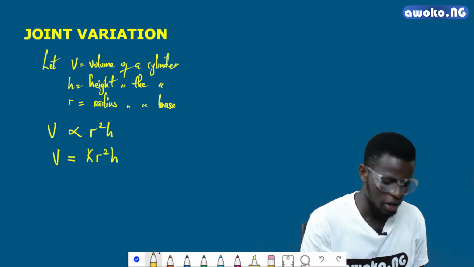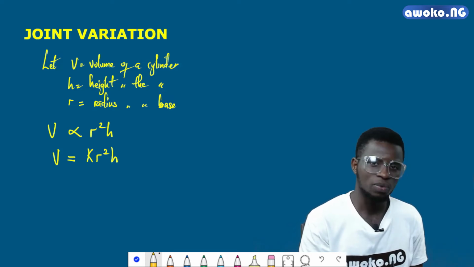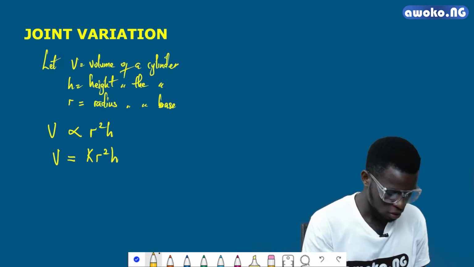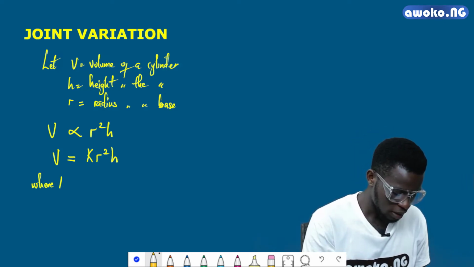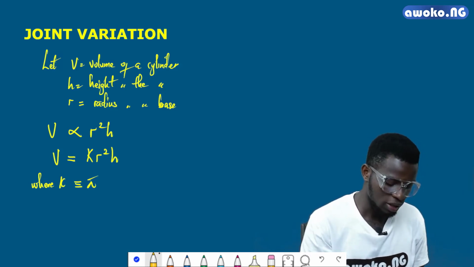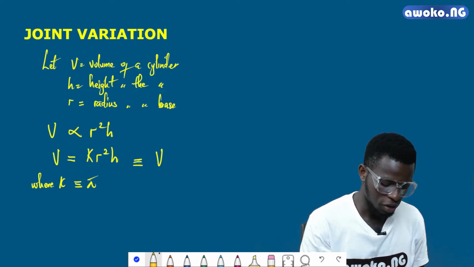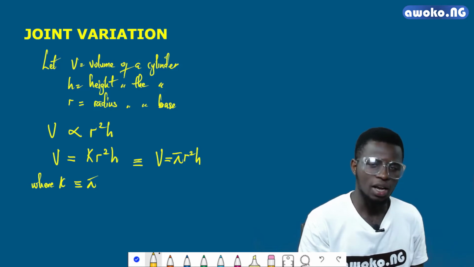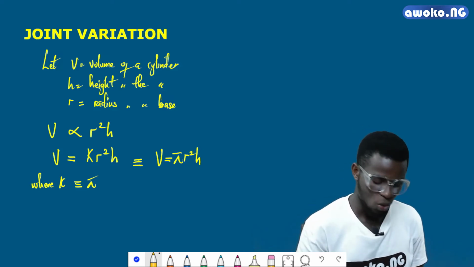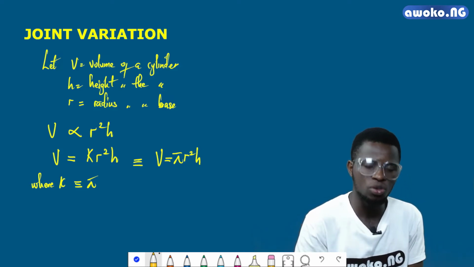K R squared H. But mind you, in this case the proportionality constant will be equal to pi, where K is equivalent to pi. So this equation now becomes V equals pi R squared H. And that is why the formula for the volume of the cylinder is equal to pi R squared H. And why are we using pi?